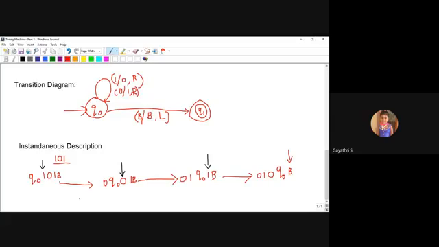From Q0, if you are reading the blank symbol, the state moves to Q1. I will write the remaining portions as it is. This is accepted. I reach the final state. So accepted. This is the instantaneous description.